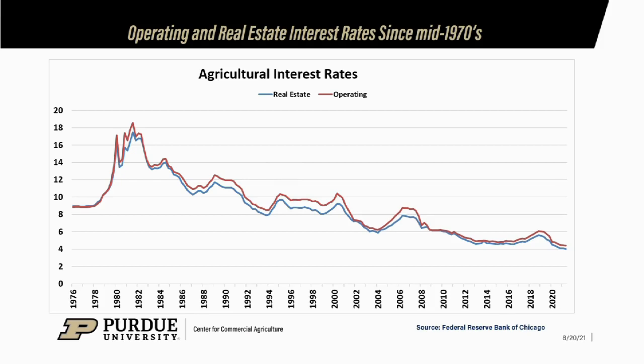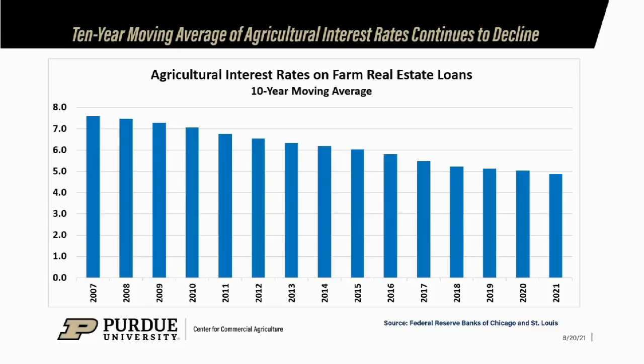And one of the ways to portray that is to look at 10-year average interest rates. I did this recently, and I was somewhat surprised. I knew this would be going down over time, but in 2021, the 10-year average, looking at the previous 10 years, is quite a bit lower than what it was even back in 18 and 19. It just emphasizes the importance of these low interest rates to supporting land values.